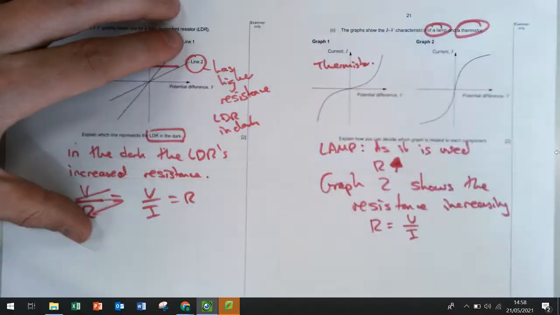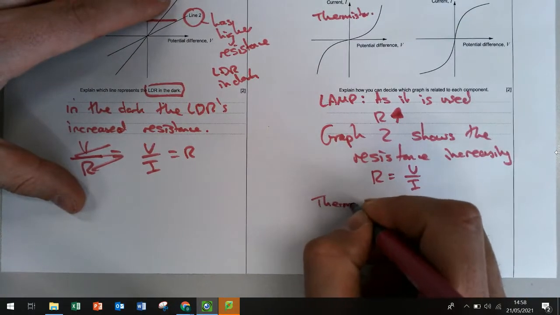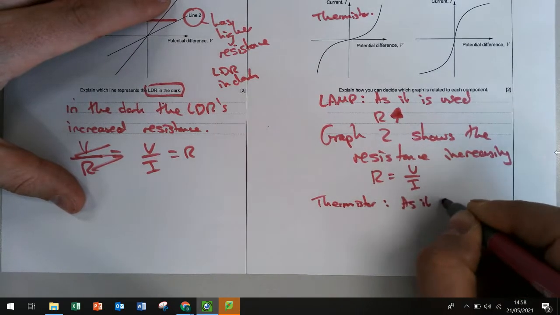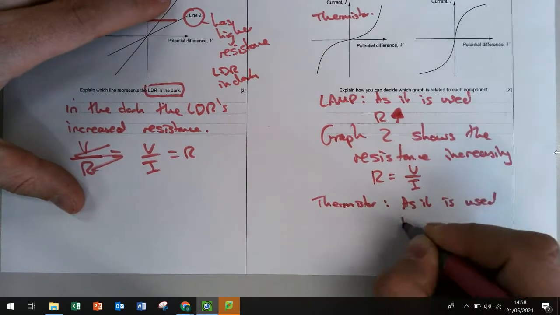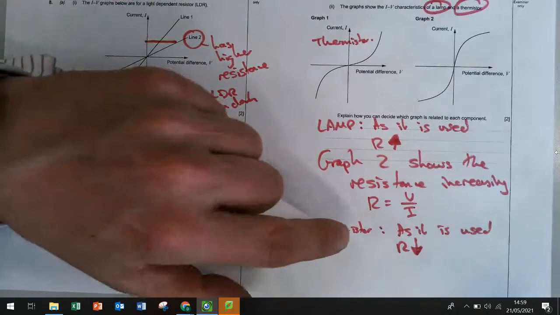So what do we know about a thermistor? A thermistor, as it's used, the resistance tends to decrease. So what happens?